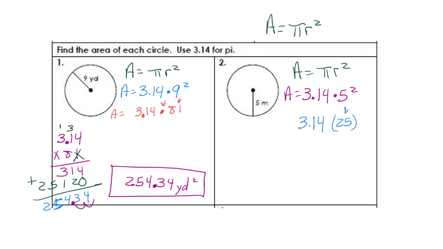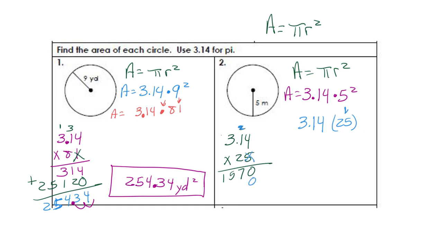So now we're going to go ahead and write this math equation off to the side. So I have 3.14 times 25. And we're going to go ahead and start doing some math. So 5 times 4 is 20. Put a 0 down, carry a 2. 5 times 1 is 5 plus 2 is 7. 5 times 3 is 15. So put the 5 down, and the 1 would just drop straight down. Cross this number off. Put a place value holder.